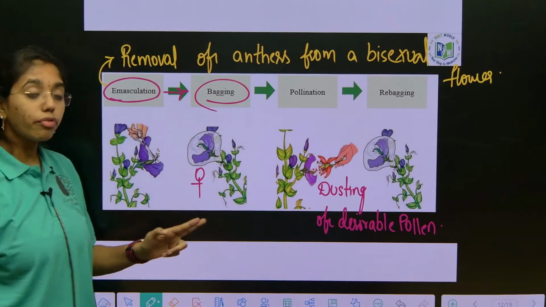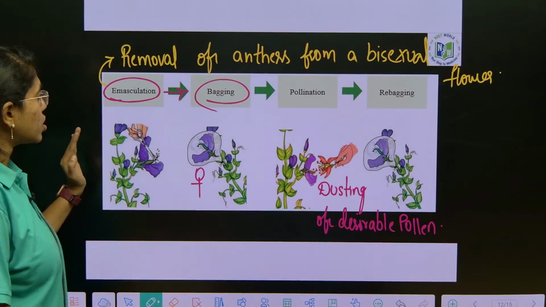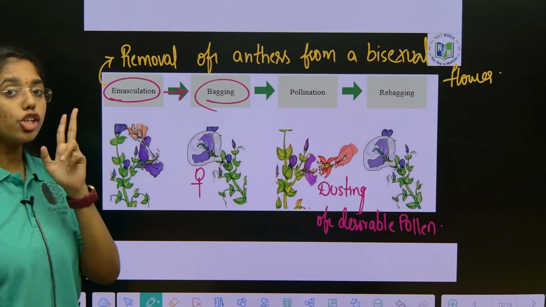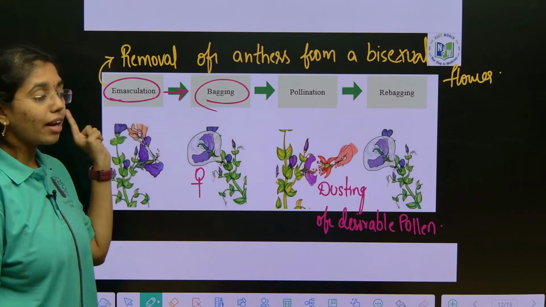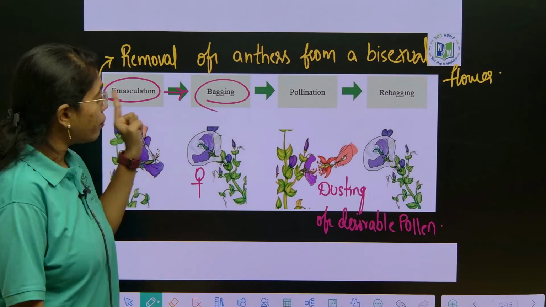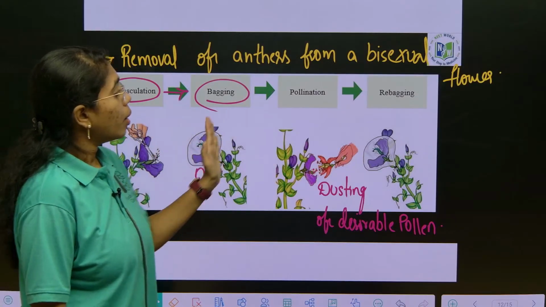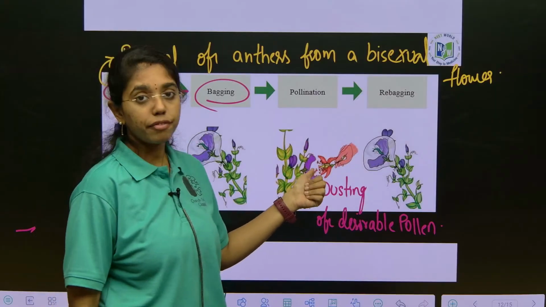Many a time the flow chart of artificial hybridization is asked. First is what? Emasculation. Remember all the time, emasculation is done only in the bisexual flower. So, in a bisexual flower, first emasculation will be done, followed by bagging, and this will be the female parent. Then pollination, or dusting the desirable pollen on the stigma, fine, right.